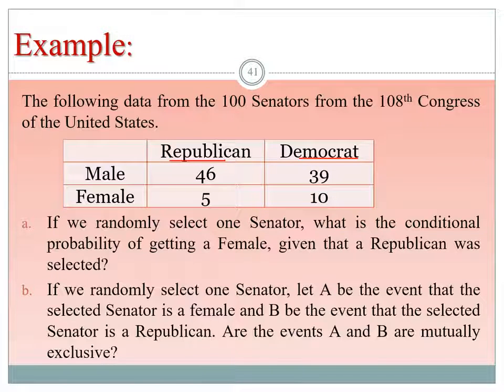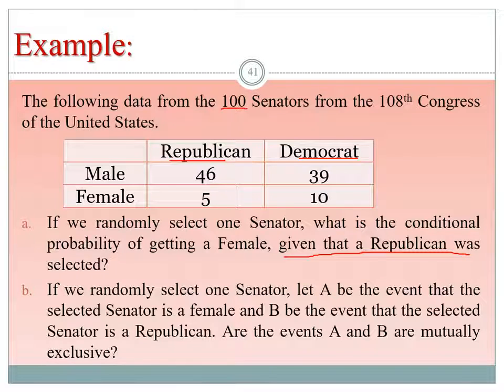There are 46 Republican males, 39 Democrat males, 5 Republican females, and 10 Democrat females. If we randomly select one senator, what is the conditional probability of getting a female given that a Republican was selected? In this case, this is the given condition.